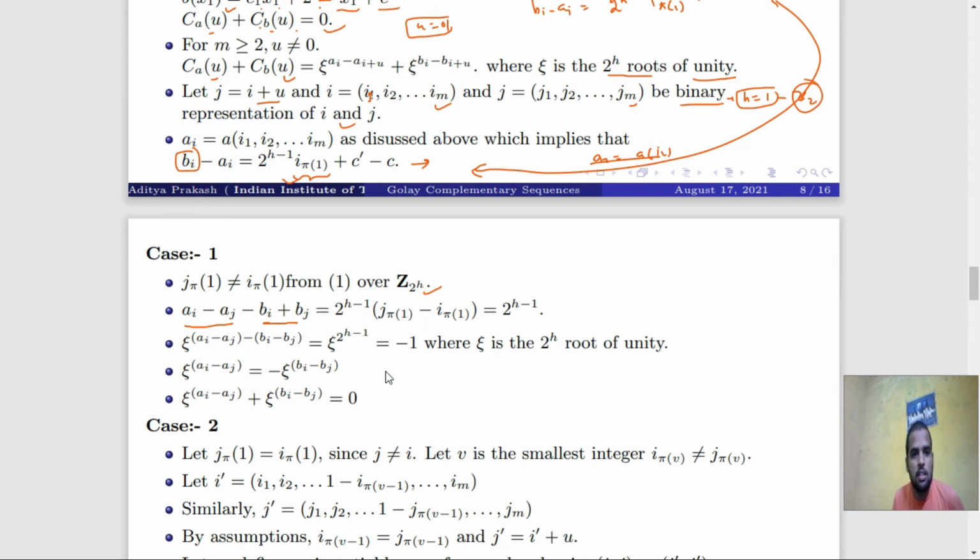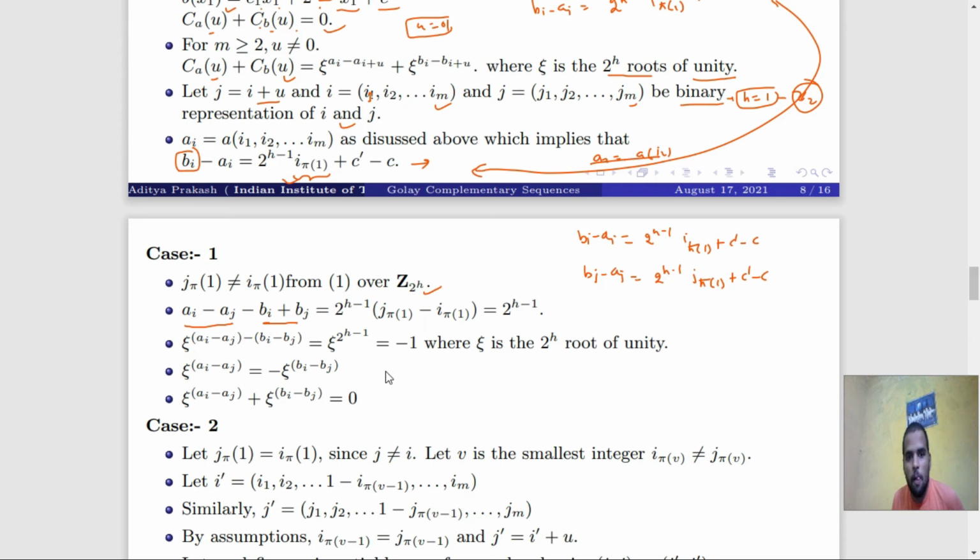Consider b_i minus a_i is equal to 2 to the power h minus 1 times i pi 1 plus c dash minus c, and b_j minus a_j is nothing but 2 to the power h minus 1 times j pi 1 plus c dash minus c.